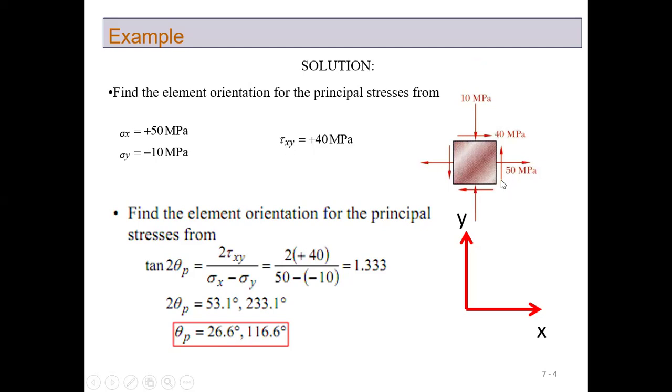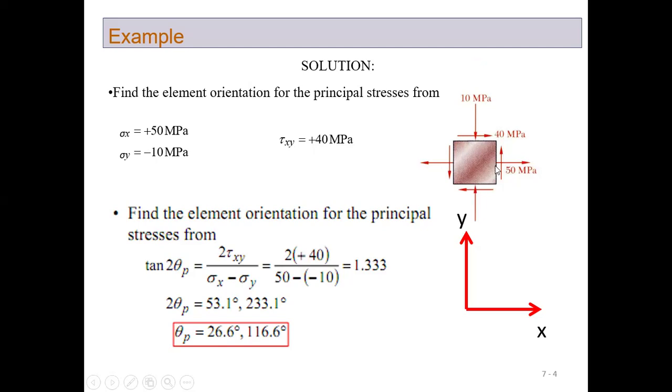The second subscript represents the direction of force, which is the direction of stress. That direction is the positive y direction. So the subscript that we would be using here with the shear stress is tau xy.